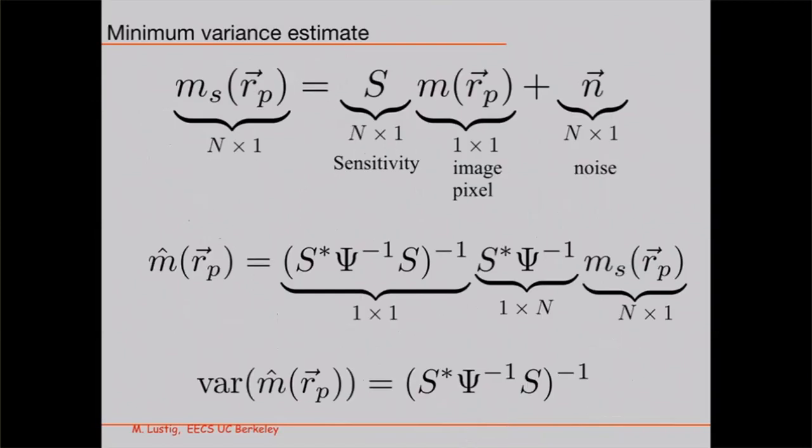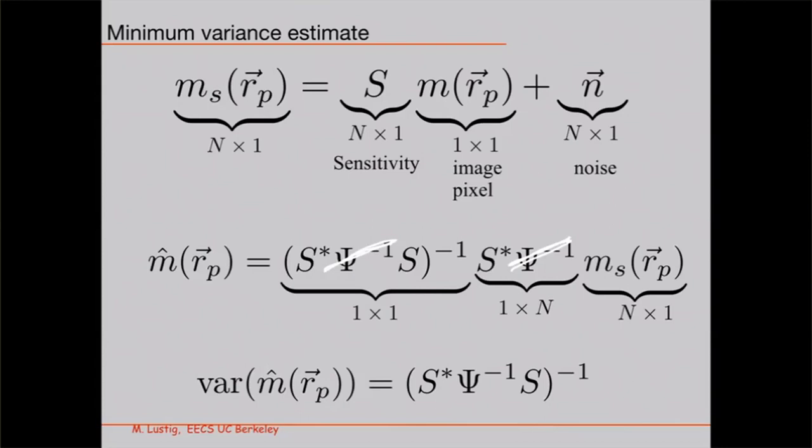This is something that you may or may not have seen before, but it's very similar to a regular least squares, except that we have to put the covariance matrix in here. If the covariance matrix was an identity, then that goes away, and that looks like least squares: S transpose S to the minus 1 times S transpose times M. That's the typical least squares equation.